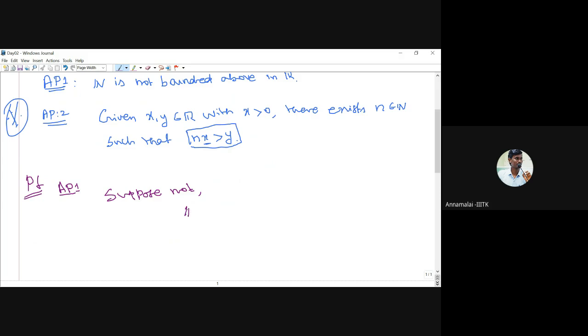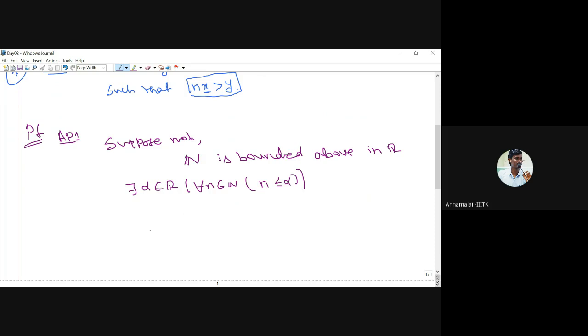N is bounded above in R. By the definition of bounded above, there is a real number alpha in R such that for any n in N, n is less than or equal to alpha. That is, bounded above means at least one upper bound exists.